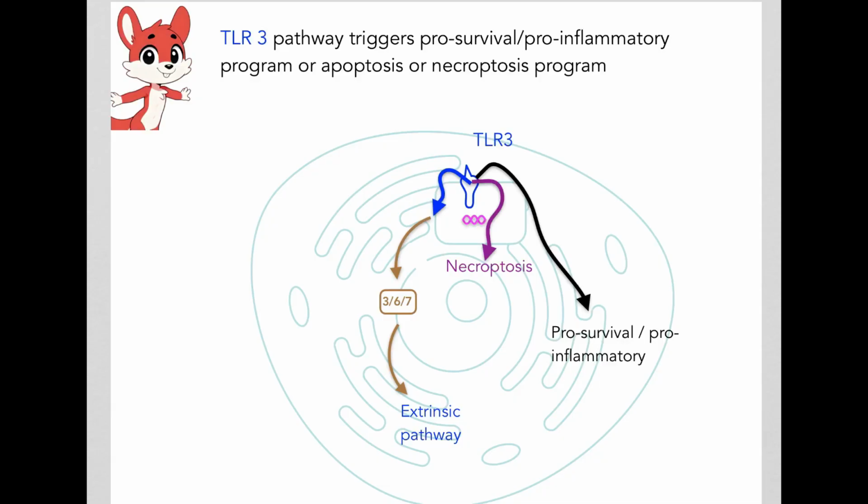As we shall soon see, and we have seen this several times before, TLR3 can trigger either the pro-survival pathway, where the immune cell survives but releases chemicals that stimulate inflammation, or the immune cell can die by apoptosis or by necroptosis. So let's look at these programs.